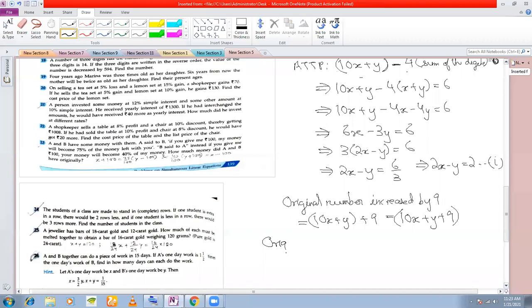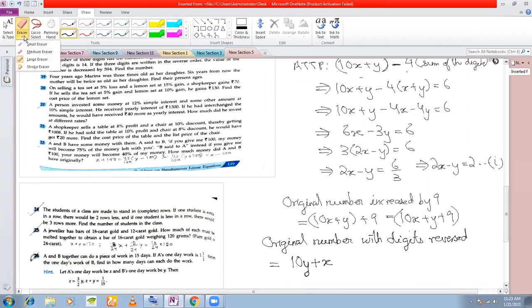Original number with digits reversed is equal to, x was the tens digit. Now x becomes the units digit. So y becomes the tens digit, 10y plus x, right?